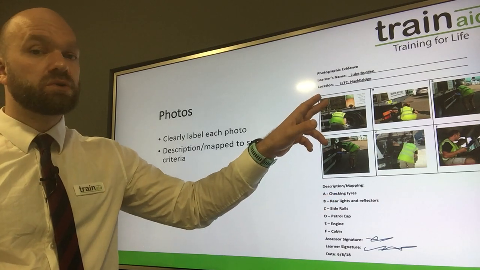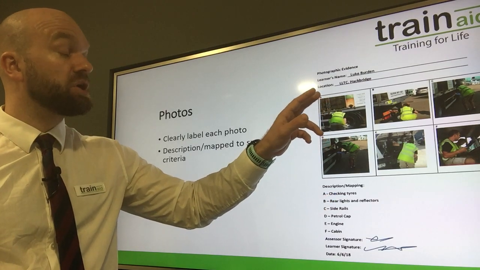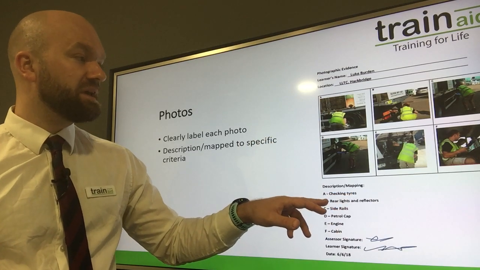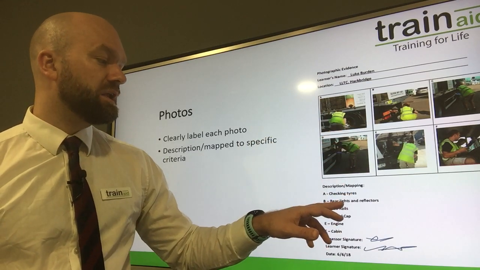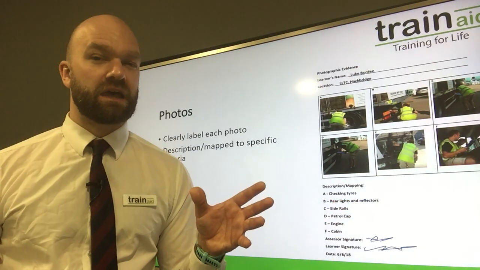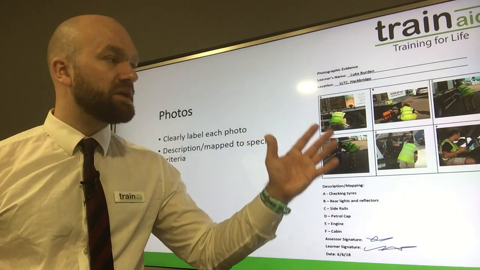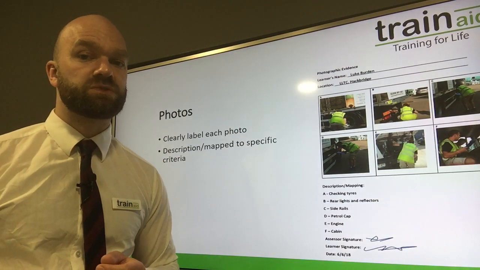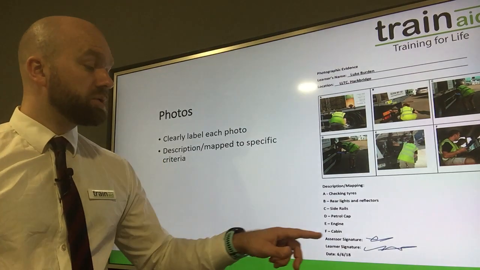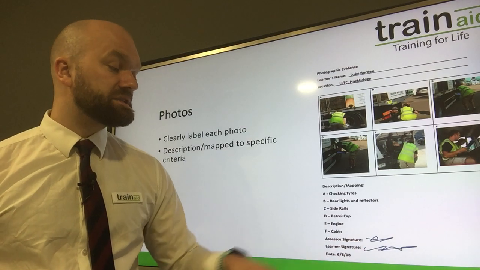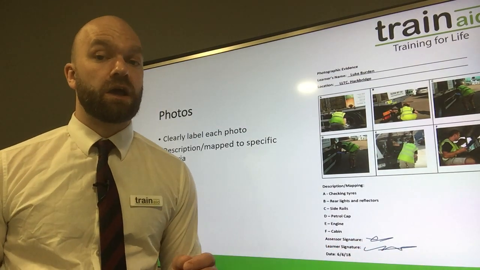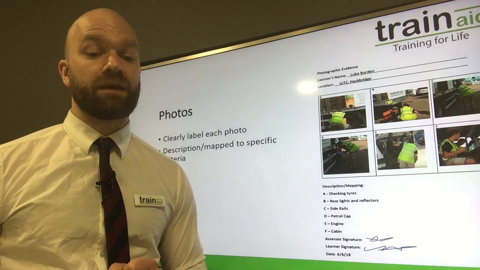So for example, number A here is simply checking the tyres. B is also rear lights and reflectors being checked there. So we do need to see a bit of mapping to see what assessment has been reviewed. We also would like for you to sign and date here. Also get your learner to sign as well and put the date on there.